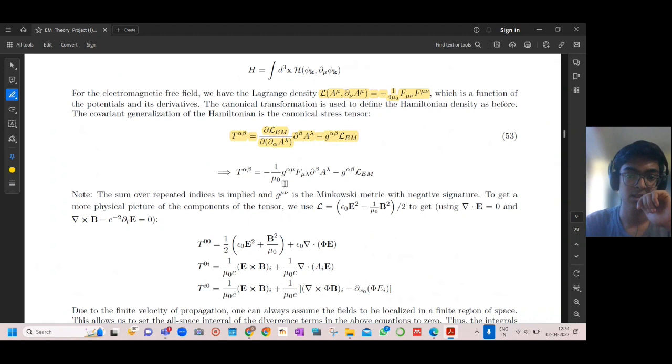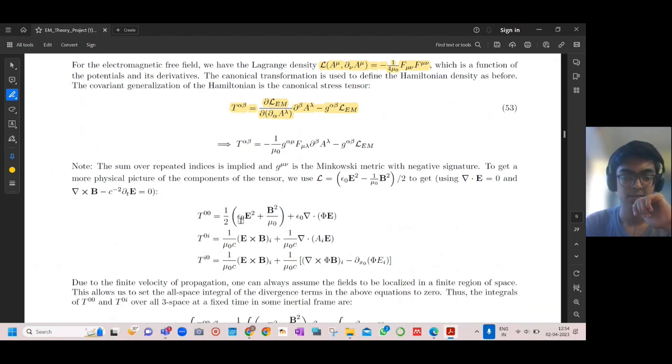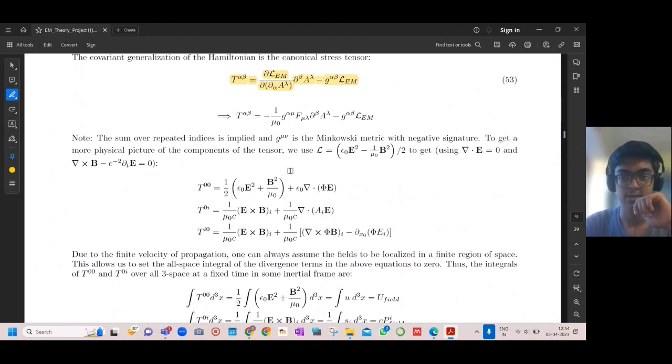To get a more physical understanding of what this tensor actually is, we can write its components, which look like this. We can write the Lagrangian in terms of electric and magnetic field, and the components look like this. The T00 component actually has the energy density as its first term, followed by a divergence term. Similarly, the T0i component has 1 by c times the Poynting vector plus a divergence term.